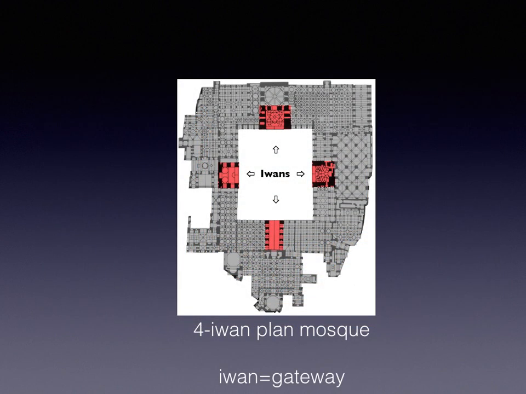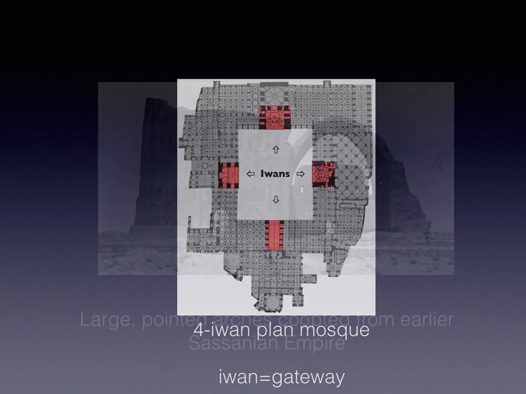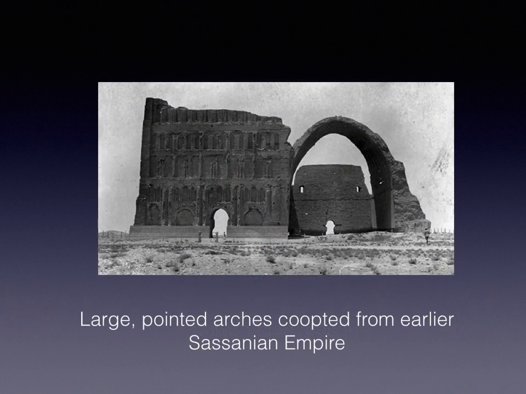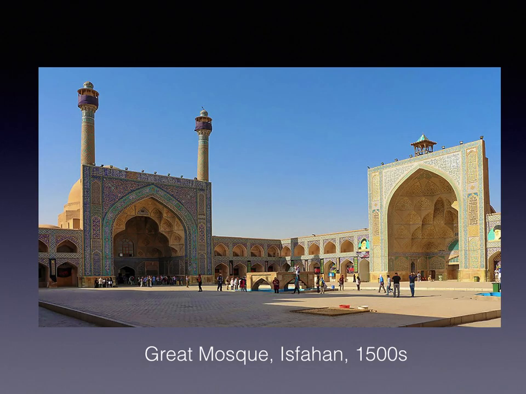And then each gateway itself is a kind of nod to an earlier empire, which I believe I mentioned in the last video, the Sasanian Empire. So what we're seeing for the first time are very, very large archways that are also rather pointed. So each of these four gateways, or iwans, has a pointed opening, as you see here.